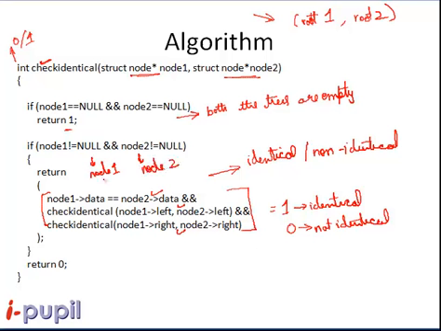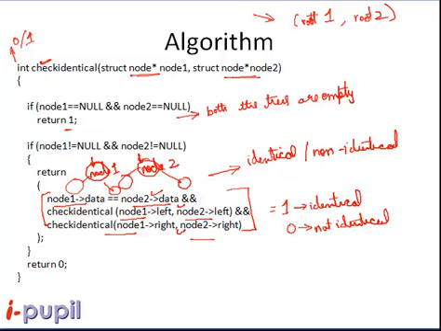Essentially the data element should be the same, that is, both the nodes should have the same data. The second condition is that the left subtrees should be identical. The third condition is that the right subtrees should be identical.